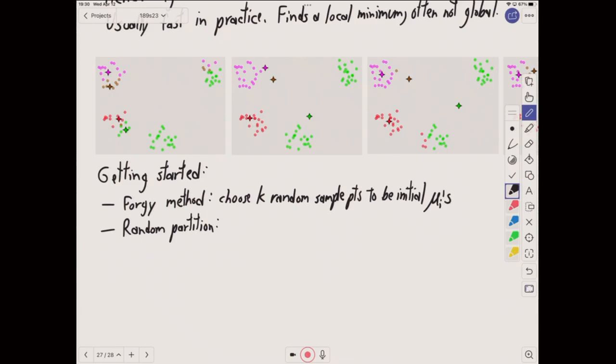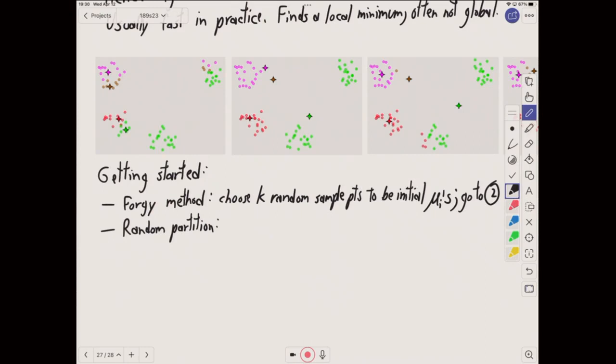So we start off by initializing the mu i's to be random sample points. And then we go to step 2 of our algorithm. So run step 2, then run step 1, then run step 2, then run step 1.